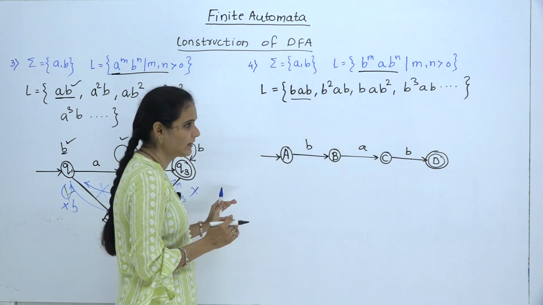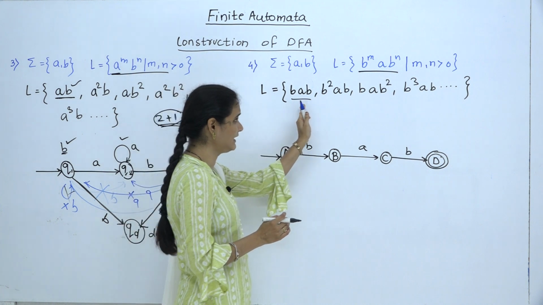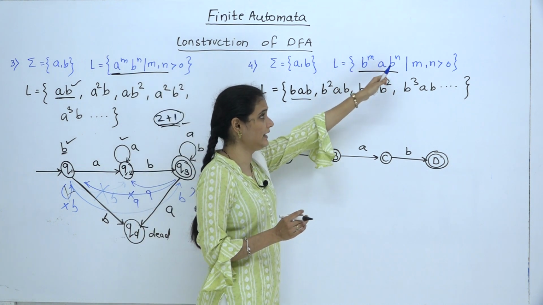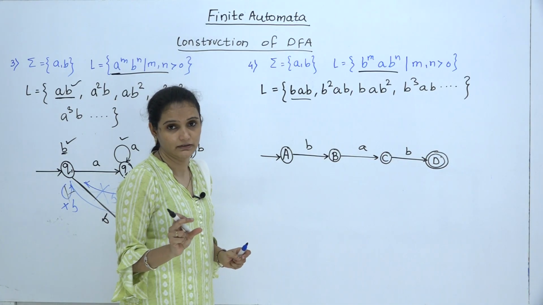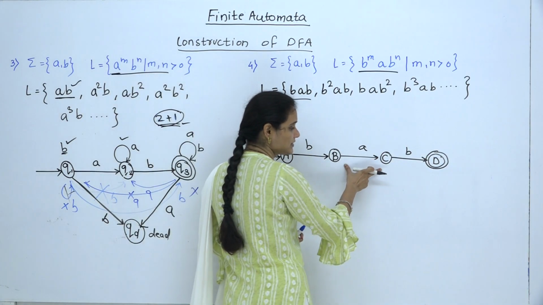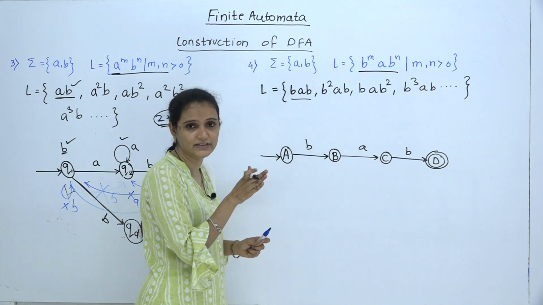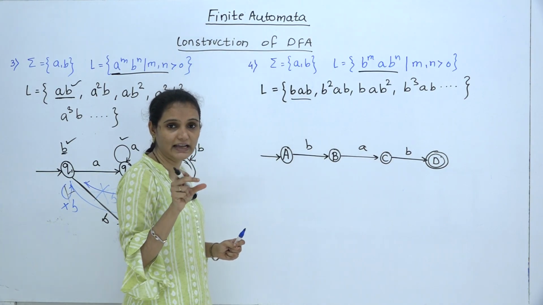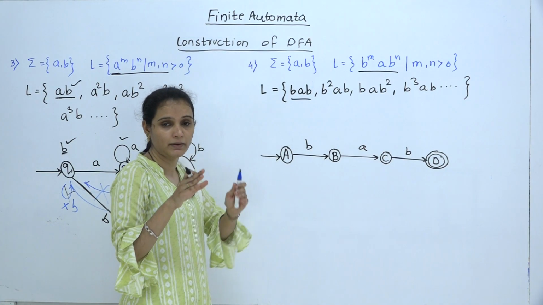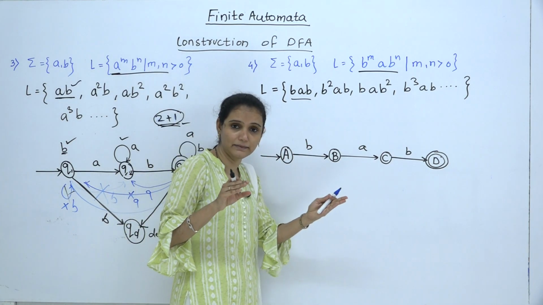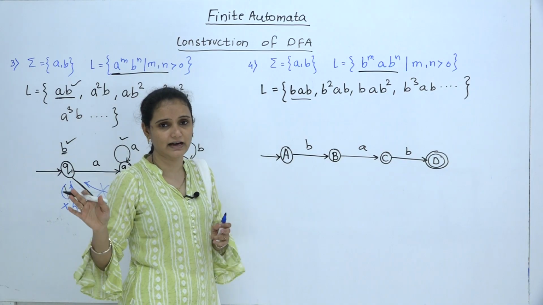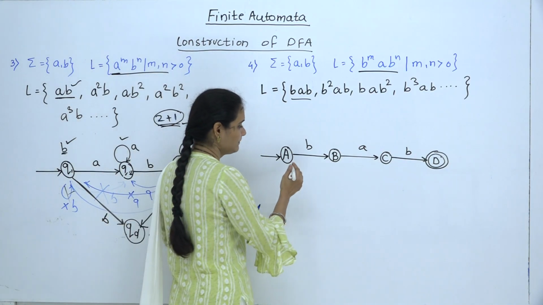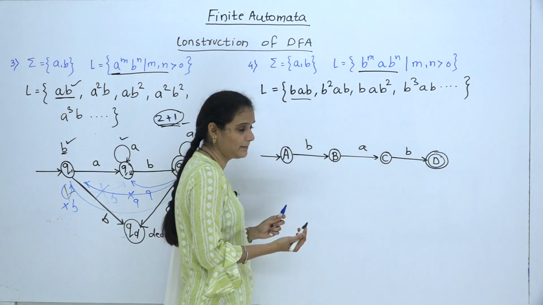It is the same kind of example, but here B raised to M, A, B raised to N means I want only a single A. At any cost, in this language the strings have only a single A, with any number of B's before that A, and after that A any number according to the constant. So BAB is the minimum length string.